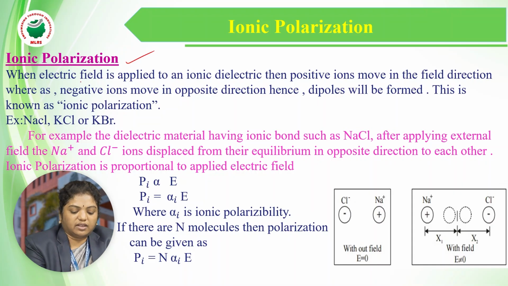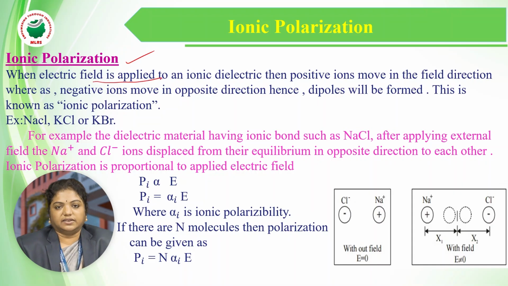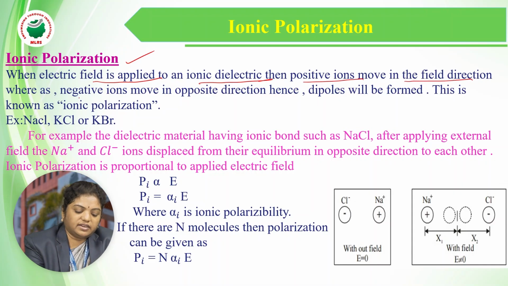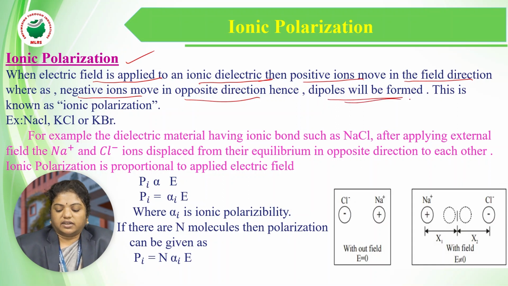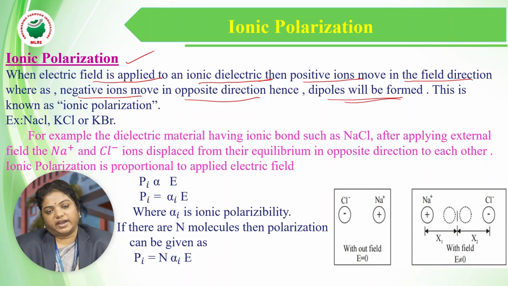Whenever we apply the electric field to the ionic dielectric material, the positive ions move in the field direction, whereas negative ions move opposite to the field direction, and then dipoles are formed.